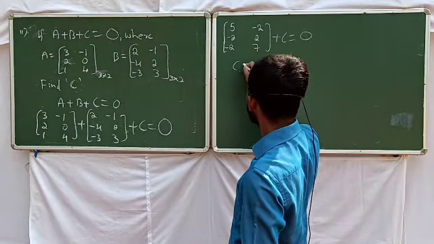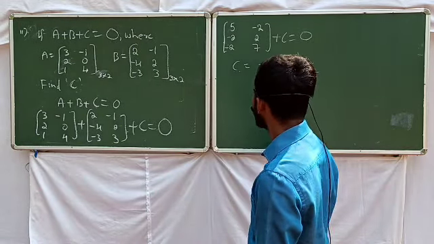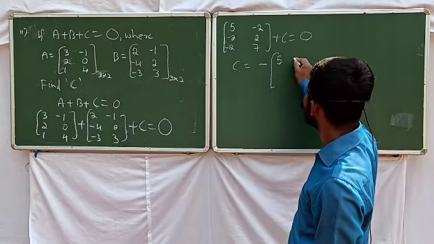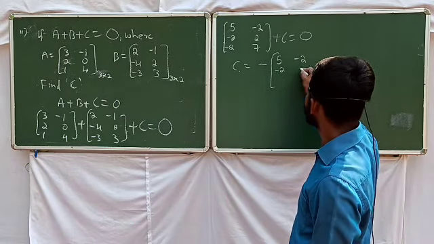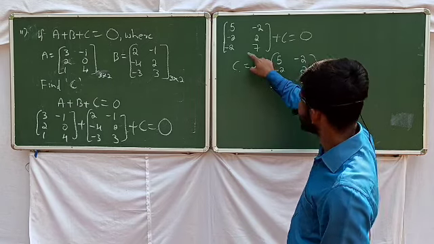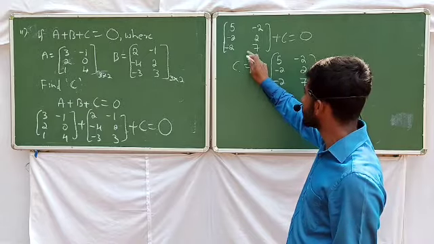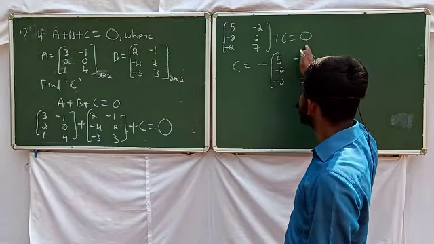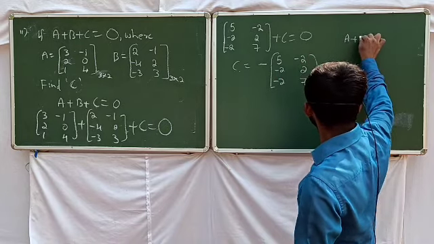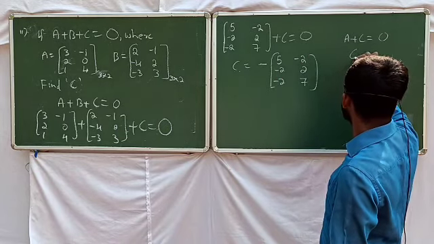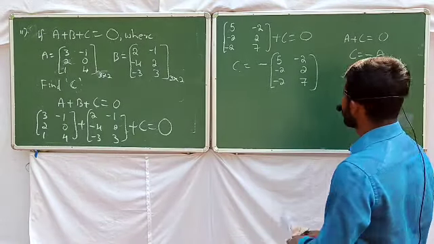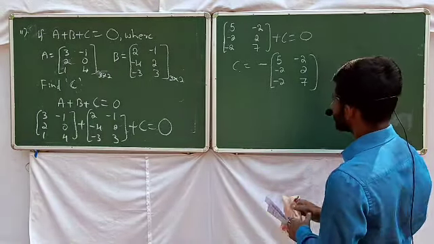Now C value is equal to minus of [5, -2; -2, 2; -2, 7]. Shifting this matrix C, just assume it's a matrix A. A plus C equal to 0. What is C? C is equal to minus of A. So here you will get a minus sign.